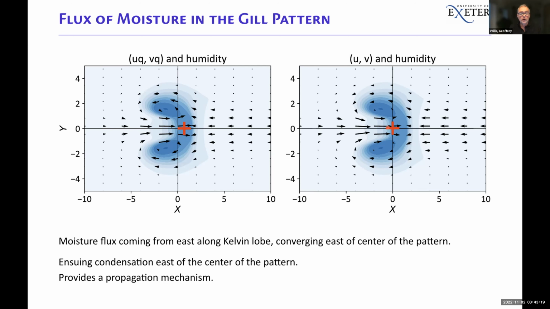So the moisture convergence is to the east of the velocity convergence, and the reason for that is simply because you've got a lot of moisture coming in from the east along this Kelvin mode. The air itself, apart from converging here, tends to detour round and come back around these Kelvin modes, around these Rossby modes. So the air is coming in from both sides.